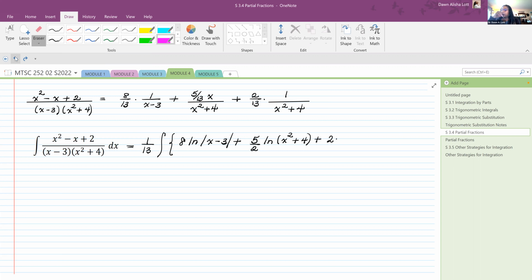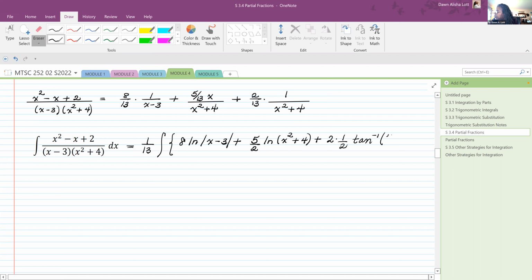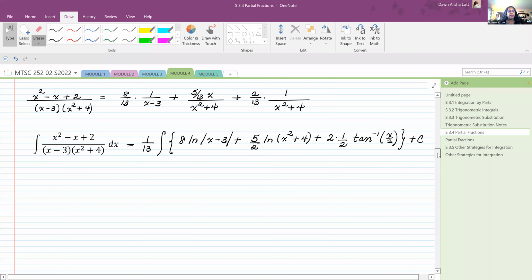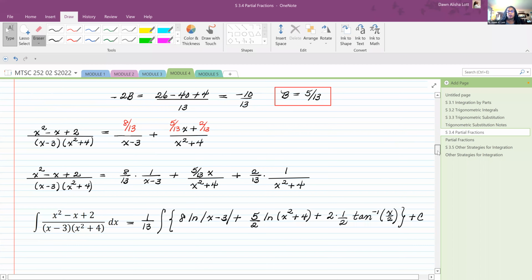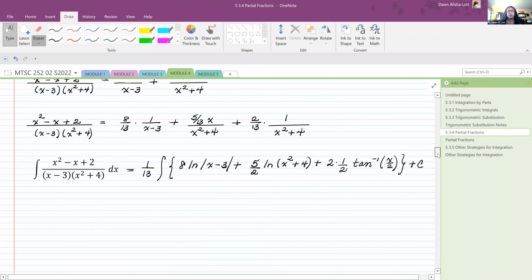Okay, it's going to be 1 over a, which is 2, the tan inverse of x over a, and then I'm done, plus a constant. So that is the last part of partial fractions, which is what to do if you have an irreducible factor.